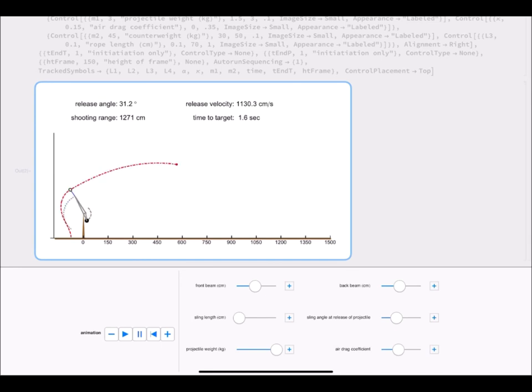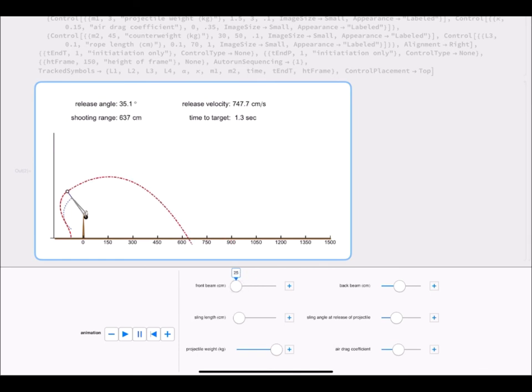And we see something interesting like this. So this trajectory is made out of the two pieces, and we can investigate how the trajectory changes as we change the parameters of our system. For example, the length of the back beam and the front beam, as I'm changing here.